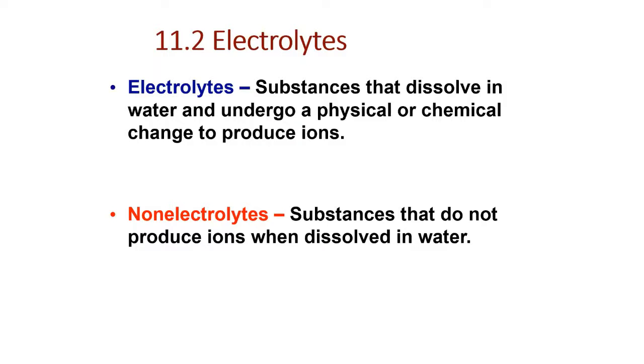All right, so next thing we're going to talk about is electrolytes. We're going to focus mostly on ionic solutes. So electrolytes form ions when dissolved. They're substances that dissolve in water and undergo a physical or chemical change to produce ions. So basically, they dissolve to form ions.